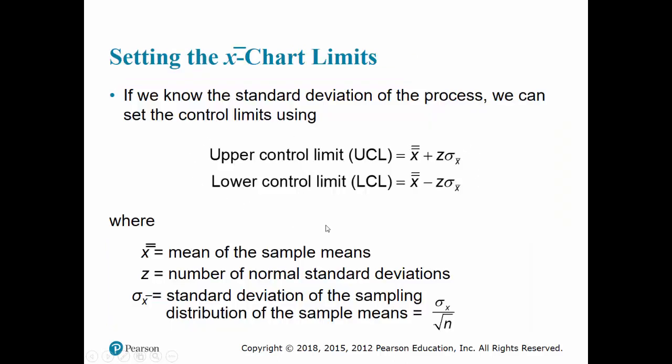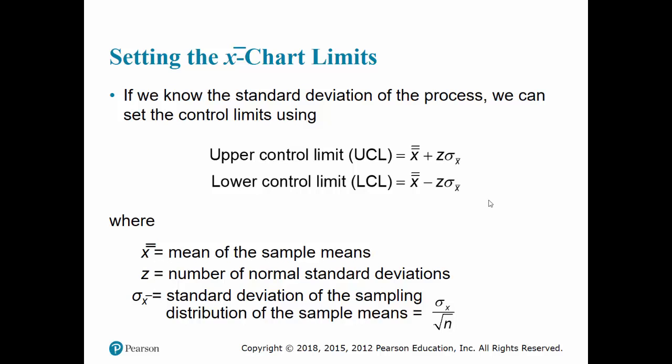All right, so here is the formula for setting up the control limits. This is how it will work. You take a sample, find the x bar. Take another sample, find the x bar. Take another sample in equal intervals.